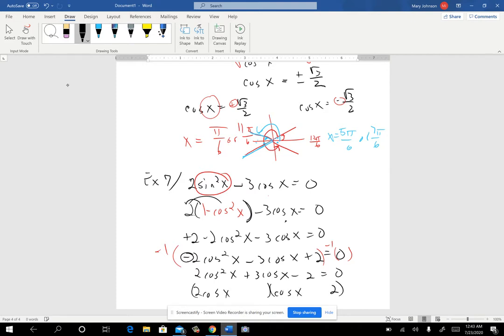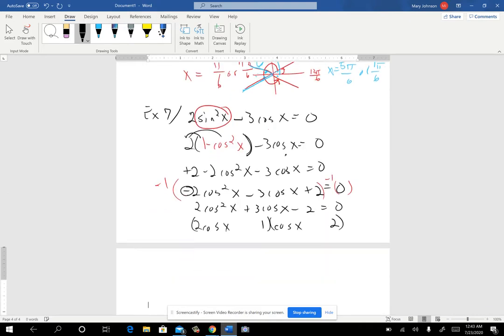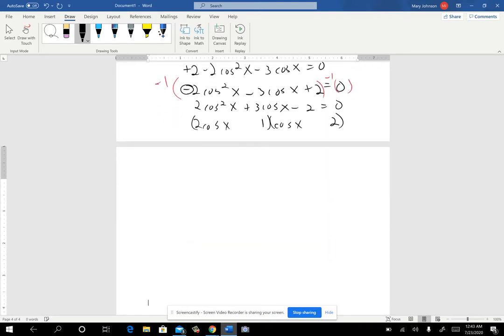Okay. So I would need a 2 here and a 1 there. Let me see if I can get another page without it spacing. Dang it. Okay, let's try this again. Yeah, there we go. Okay, so I'm going to try 1 and 2. Let's see now. I need it to be a +3, so I'm going to make that positive and that negative, because then here I have -1 cosine x, and here I have +4.